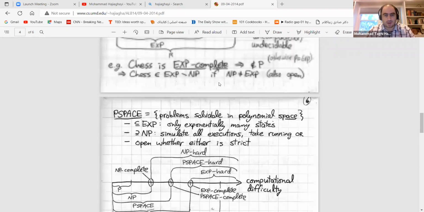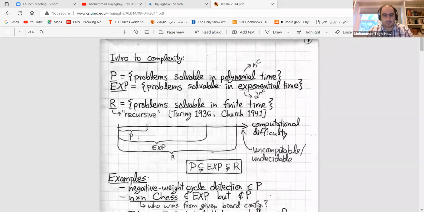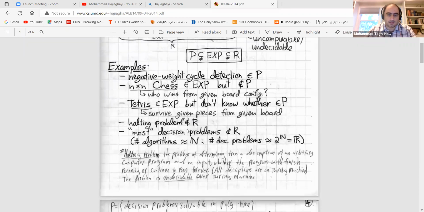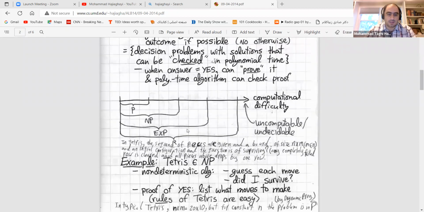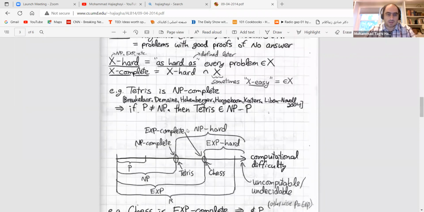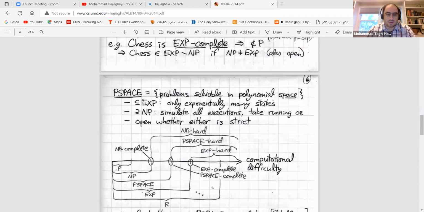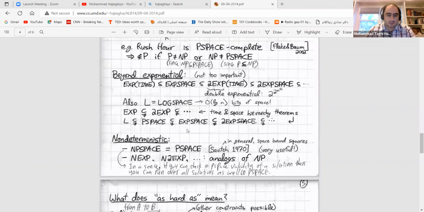Okay. So we talked previous time about P versus EXP versus R, meaning those that you can decide, solvable in finite time. Then we talked about NP and co-NP, NP-hard problems or NP-complete problems, and about PSPACE, about L, NPSPACE that is equal to PSPACE, and essentially non-deterministic versions of that.